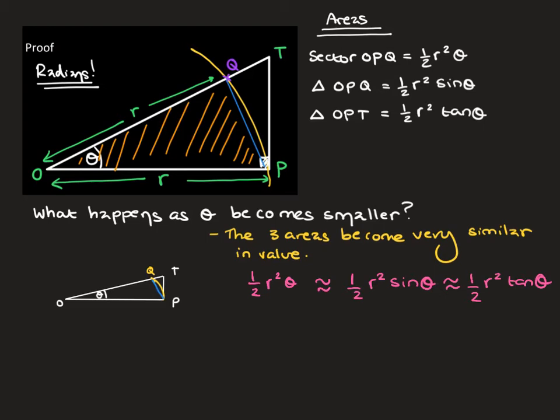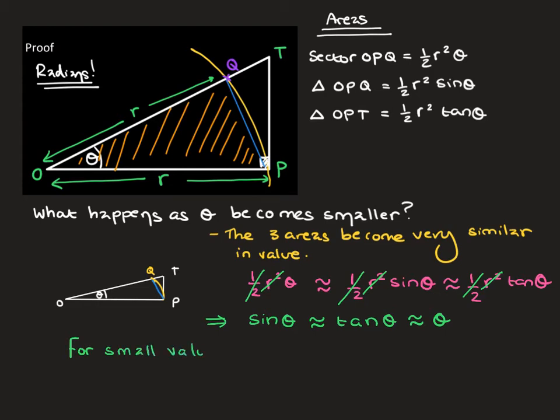Now, looking at that statement there, we can cancel a half from each part, we can cancel r squared from each part, and then can you see what we're left with? We're left with the statement that sine theta is approximately the same as tan theta, and both are approximately the same as theta for small values of theta.